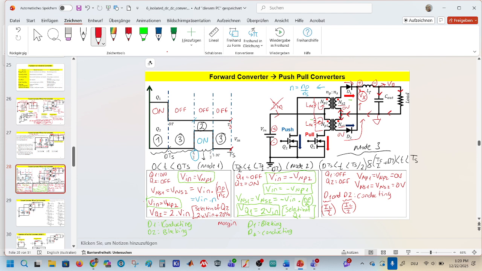So that means during mode 1 and mode 2, we charge up our output inductance, and during mode 3, the current on the inductance will decrease with the slope of, let's say, this was during off, should be equal to the ripple of the current on the inductance over delta T. Delta T is here. You can use this guy or this guy.